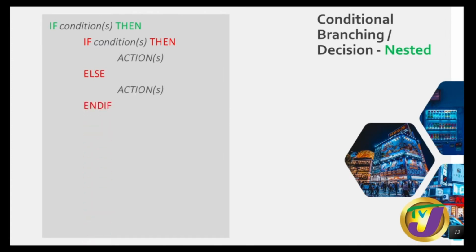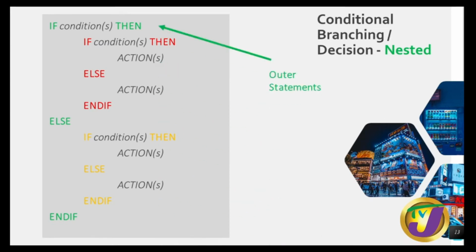I'm being careful to make the structure of that inner if the same as the outer if: it has an if, a then, an else, an end if. Then we have the outer else, in green, and inside that else we have another if statement, in orange, with the same structure as the outer if. Because we can nest statements like this, it allows for greater flexibility when writing programs. So that is the if statement in a nutshell as it relates to structure.